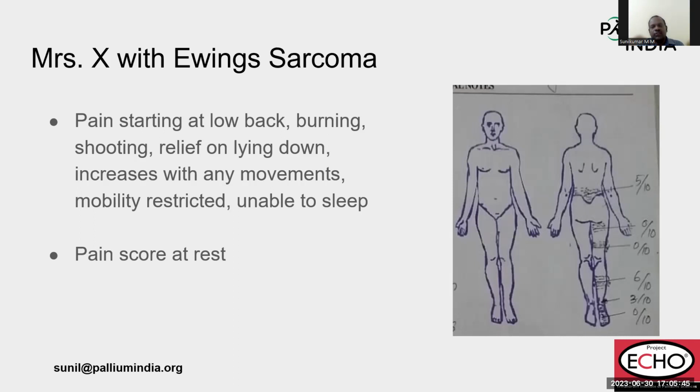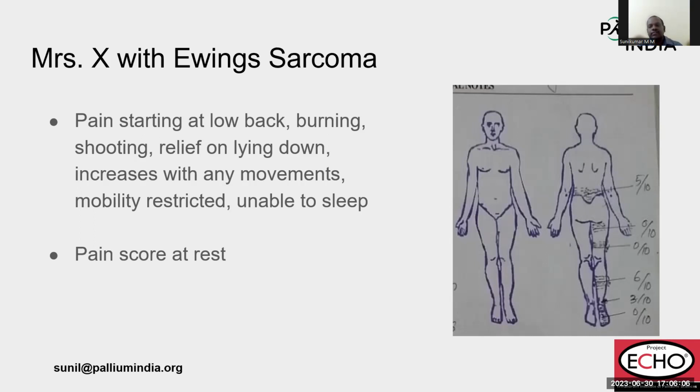And she was staying on the first floor of a house, and she was literally on the bed because any movement aggravates pain. So she doesn't go anywhere. She doesn't move. So she was in severe trouble and distress.